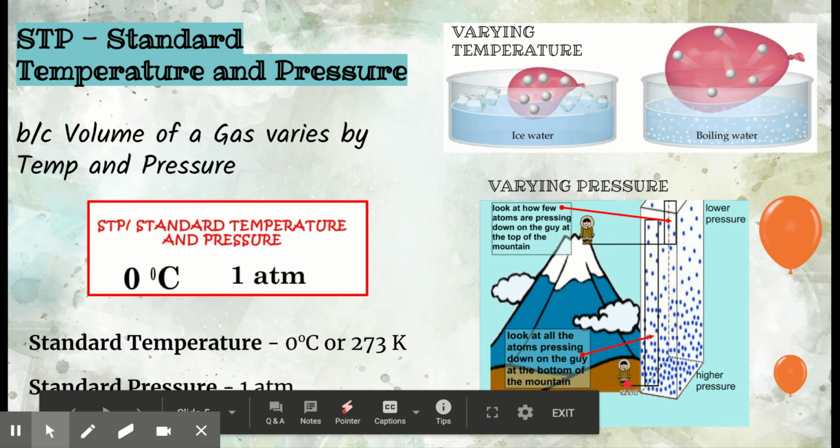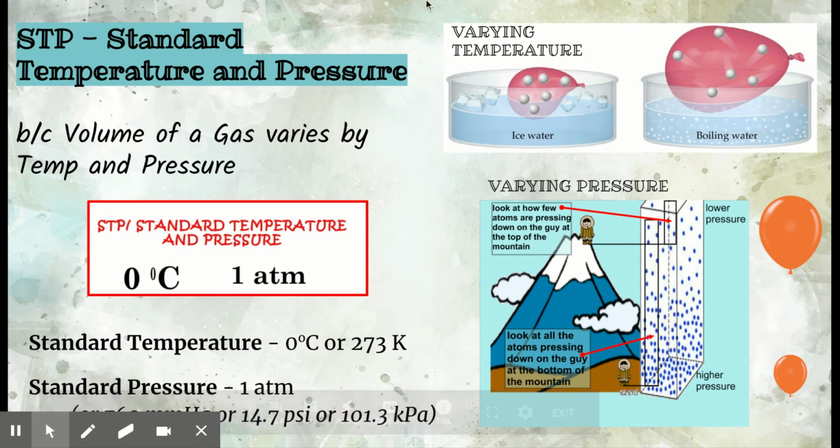However, there are other units of pressure, such as millimeters of mercury or PSI or kilopascals. So this can be thought of as 760 millimeters of mercury or 101.3 kilopascals. But for purposes of this class, we're just going to say that our standard pressure is 1 atm and our standard temperature is 0 degrees Celsius.